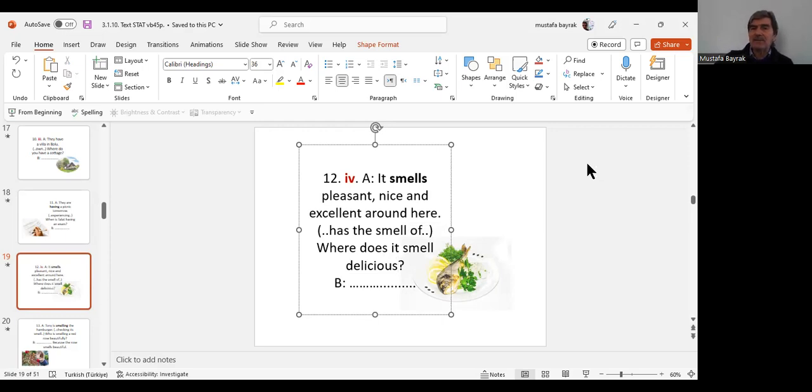It smells delicious at a restaurant. Yes, it smells delicious in or at a restaurant. The restaurant has the smell of delicacy. Deliciousness maybe is also possible. Deliciousness or delicacy.